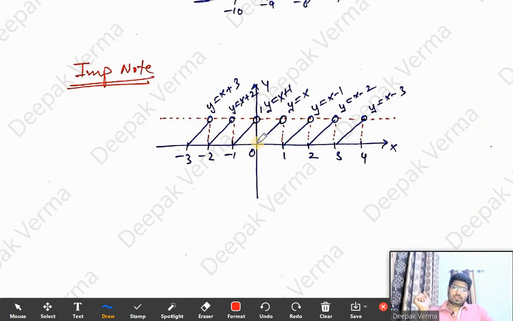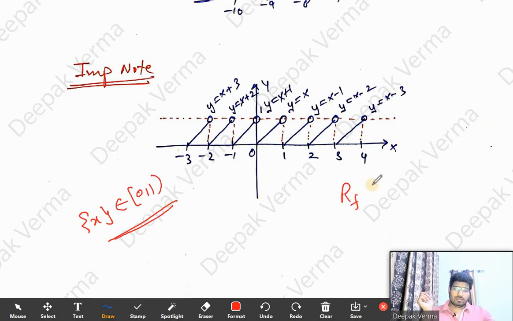So you can see the graph of the fractional part of x lies between 0 and 1. 1 is not included. So the fractional part of x belongs to 0 and 1, where 0 is included and 1 is not included. This is the range. In the last lecture we also told you the range of the fractional part of x is 0 to 1.